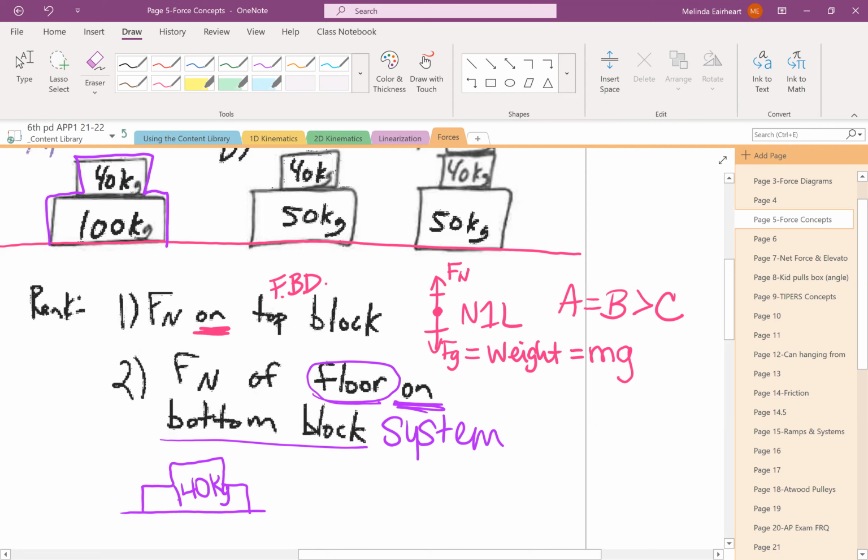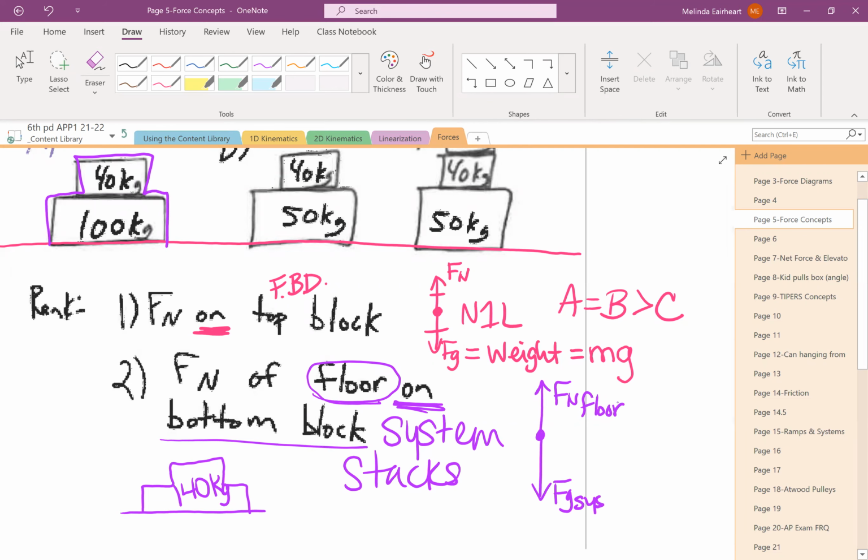And so if you look at the stacks or the system, who's the floor going to push up the greatest? Well, a force diagram of the system would be the gravitational force of the system. And again, everybody's at rest. And so the floor is supporting the system. So who's going to have the greatest floor force? Well, who has the greatest system gravitational force?